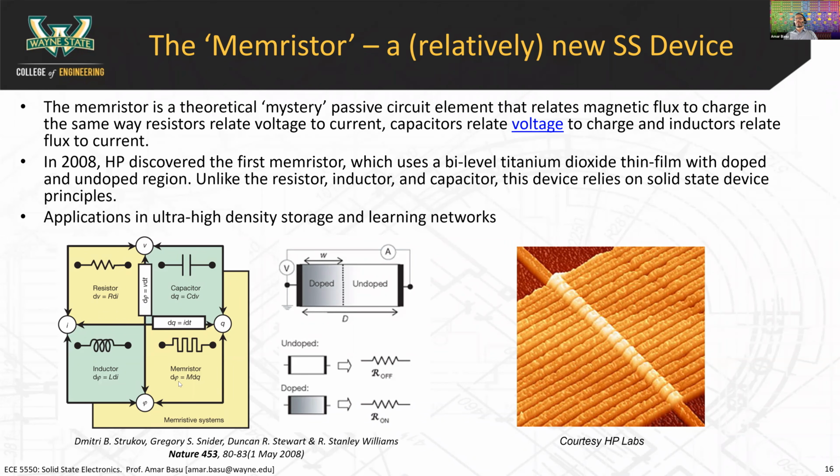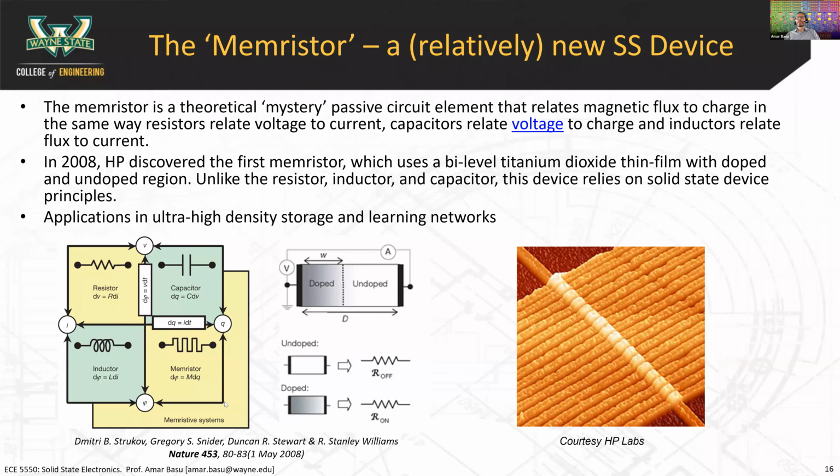It relates magnetic flux as d phi equals the memristance times the charge. The reason people were excited about this is that, if such a device could be built, then it would be able to store information.